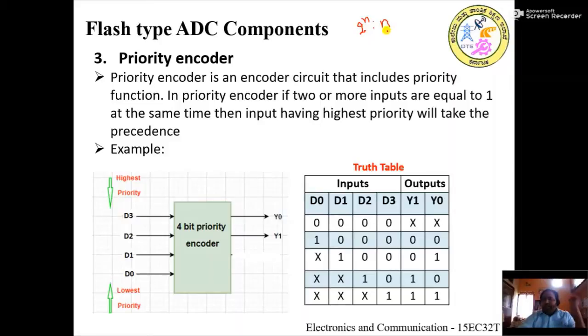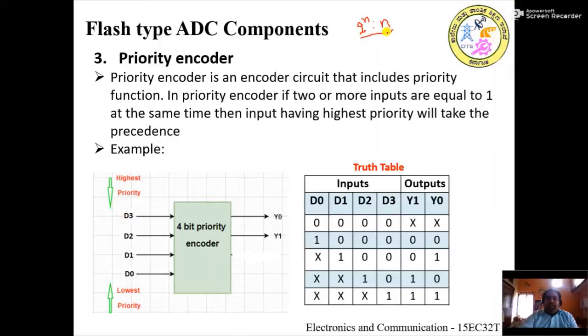An encoder is a combinational logic circuit which accepts information on 2 to the power of n input lines and produces encoded data on n output lines. This is the definition, or the logic system, for the standard encoder.